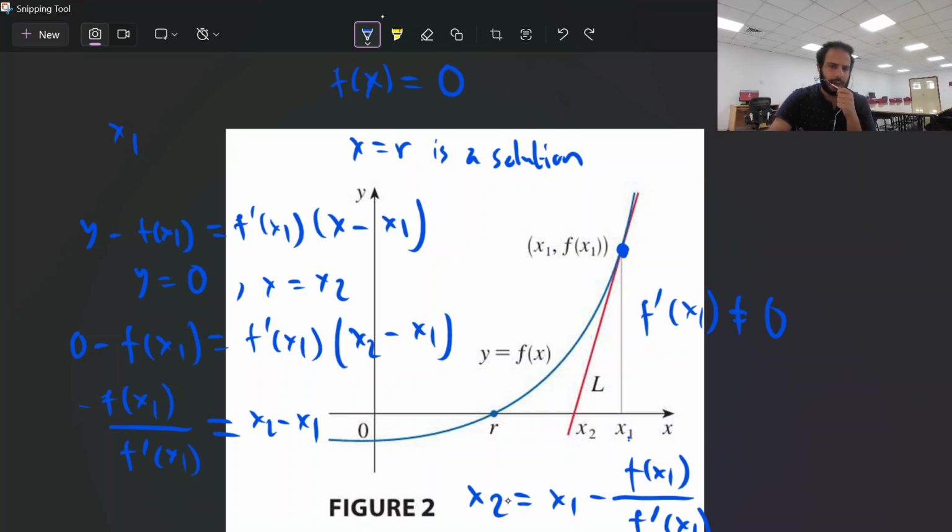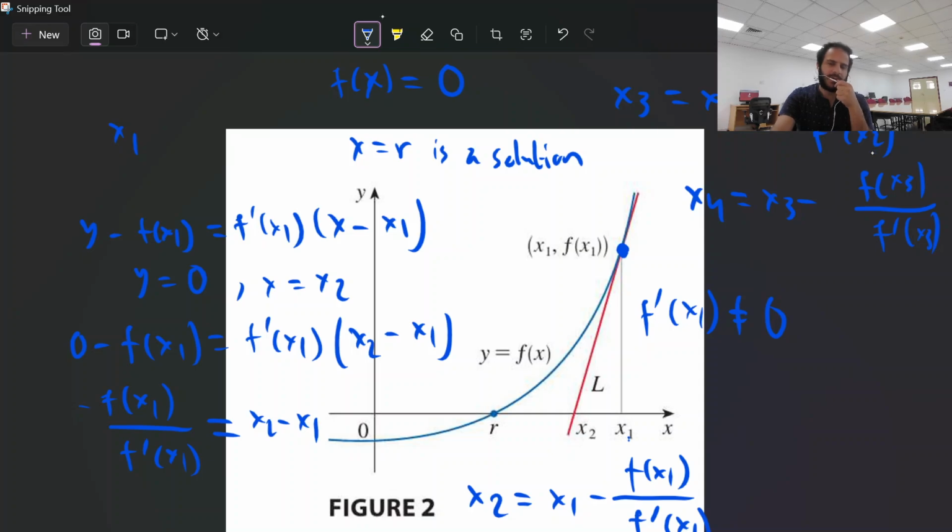Now if you apply the same step for x2, you will get x3 equals x2 minus f(x2) over f'(x2). Now if you apply it to x3, you get x4 equals x3 minus f(x3) over f'(x3). And again, you want the derivative to be non-zero.